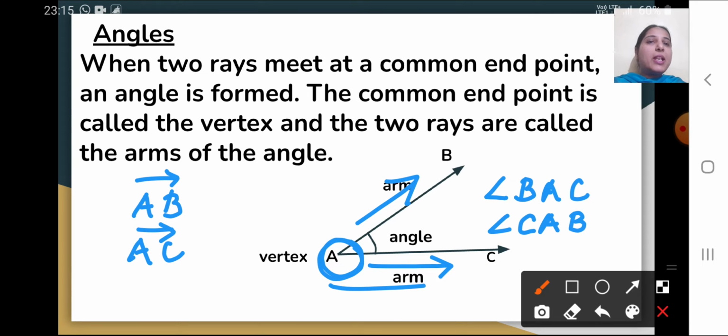Ray AB and ray AC are meeting at a common end point, which is A, which is also the vertex of this angle, and this angle will be named either angle BAC or angle CAB. The vertex should come in the middle. Okay.